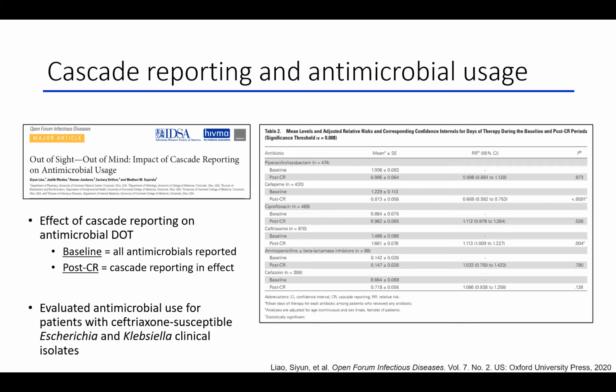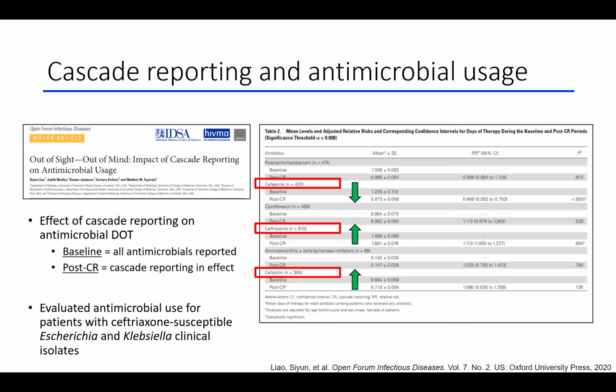on that lowest spectrum of antimicrobial, not for ones that would have been resistant and needed a cefepime or a meropenem. But what you can see right now, hopefully the boxes will guide you, is the cefepime, because it wasn't reported in any of these patients, because remember, they're all ceftriaxone susceptible E. coli and Klebsiella, went down significantly, although not to zero, went down, I believe, from 1.2 to 0.8.